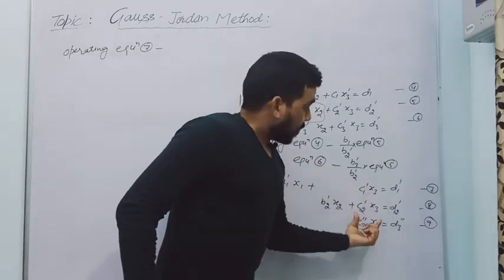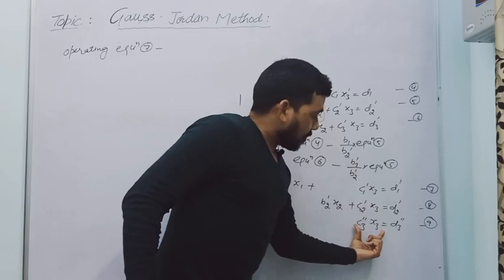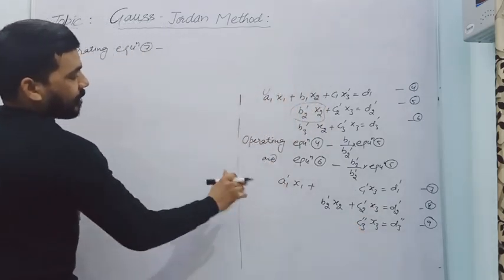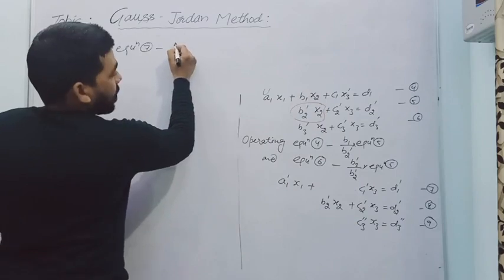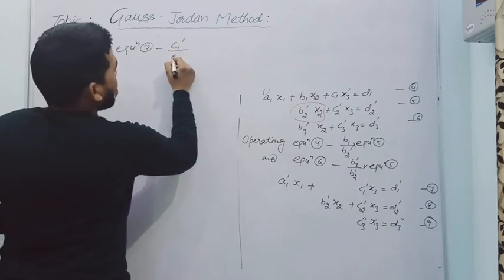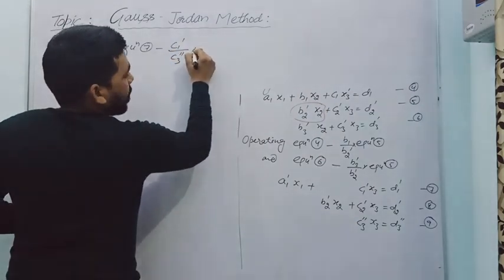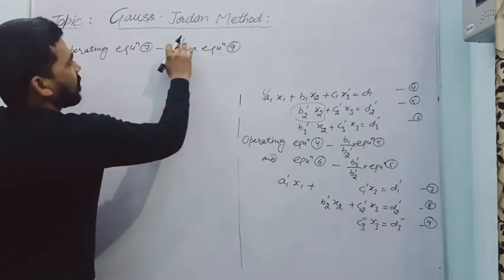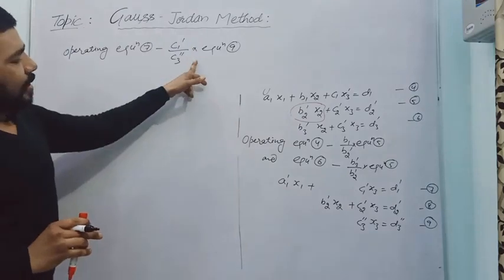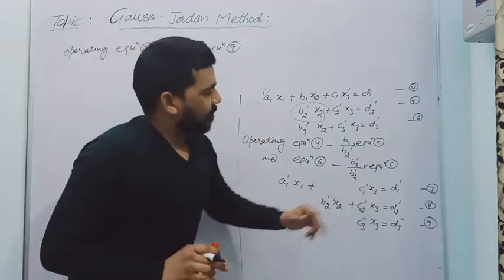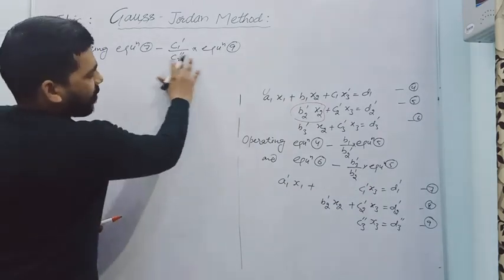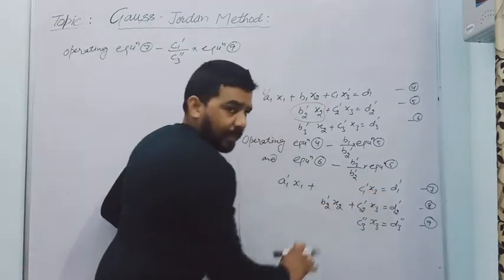You multiply equation 9 by c1 dash by c3 double dash, and then we subtract it from equation number 7. So this operation will be done, then this term will be eliminated.